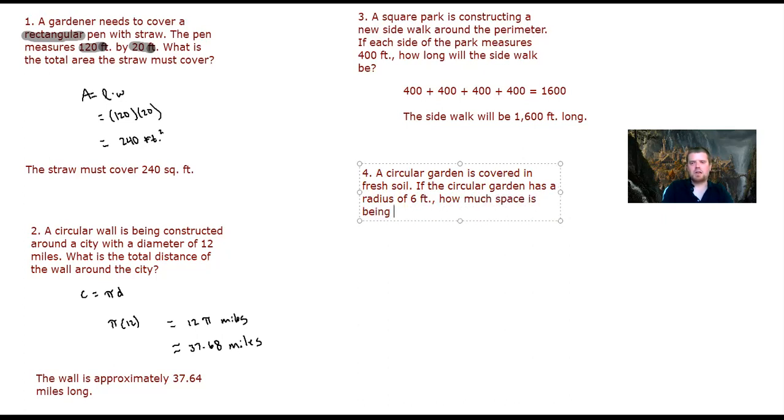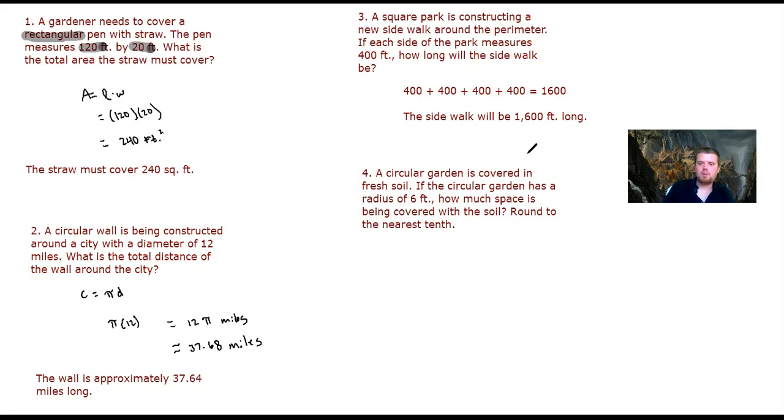How much space is being covered with the soil? Round to the nearest, let's say tenth. Again, for me, you can leave it in terms of pi, but sometimes you'll see answers or questions that are written like this, okay? So first I'm going to start out, I'm just going to solve the problem.